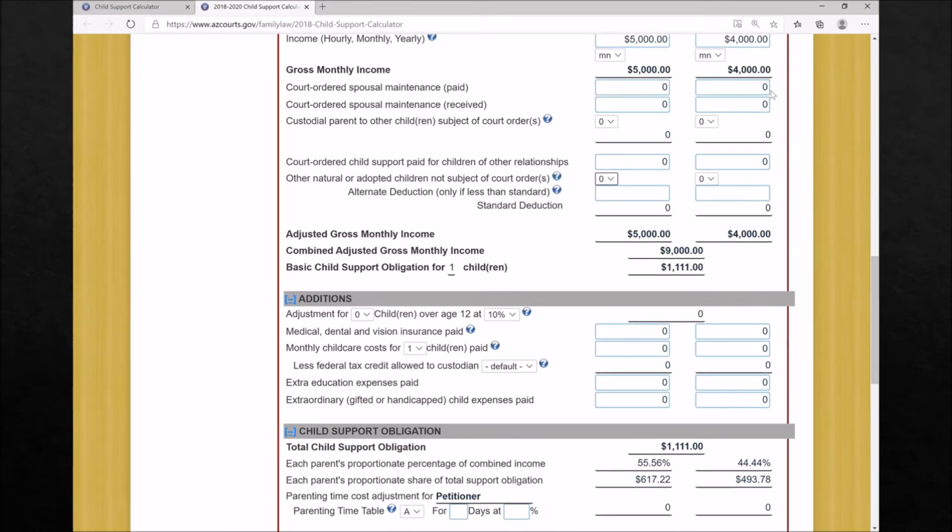Now basically, you've entered your incomes, and based on that, it has computed the total income, which is very important. It is the total income that is going to be used to determine the standard of living that the child deserves. If this number was significantly higher or significantly lower, then the court would have determined that this child deserves a different standard of living.